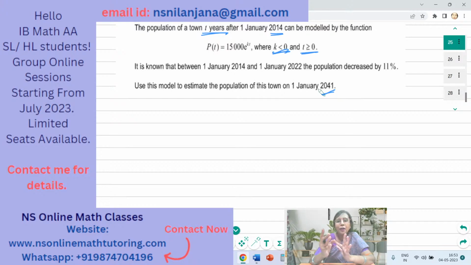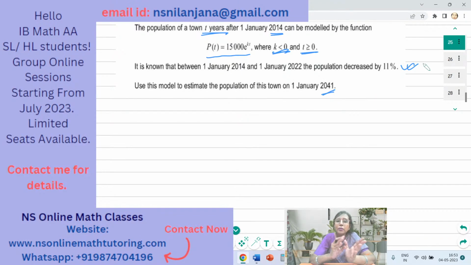And 30 to 40, 27 years. 1st January 2041, we cannot take the whole 2041 year. It is just the first day of that year. So the total is 27 years. So we know the t value. But the expression contains another variable, that is k, because P of t is equal to 15,000 times e to the power of kt. So from 2041, we can find the value of t, but we do not know the value of k. That is why they have given this extra piece of information.